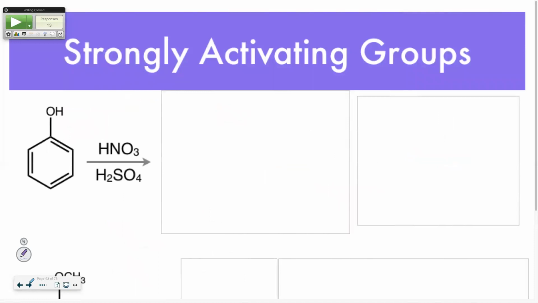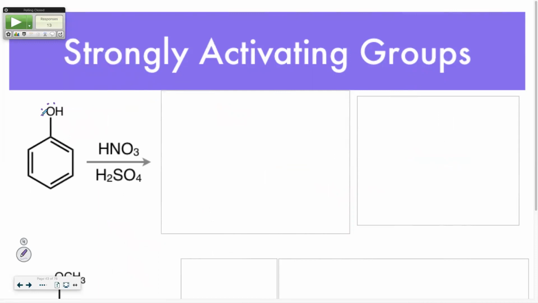Okay, strongly activating groups are groups that donate electron density into the ring a lot. Okay, so look at this. Notice that that O has on it what? Lone pairs. How many? 2.